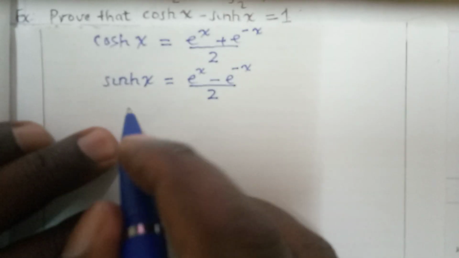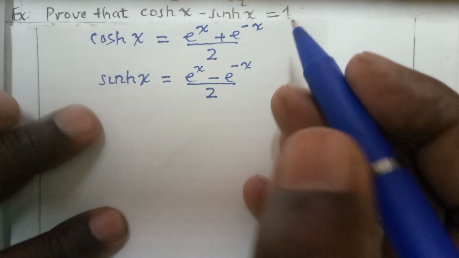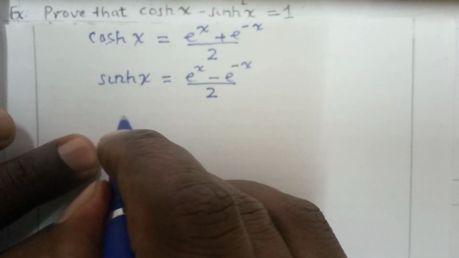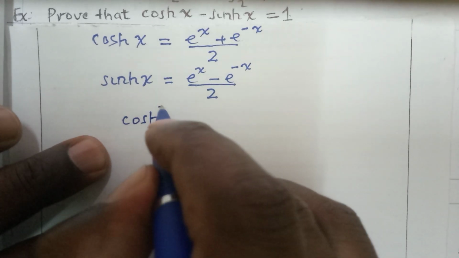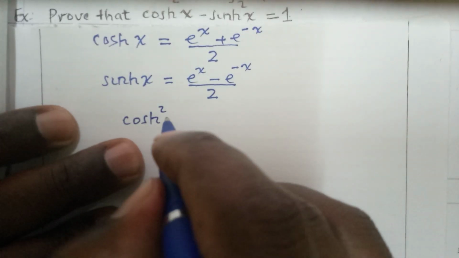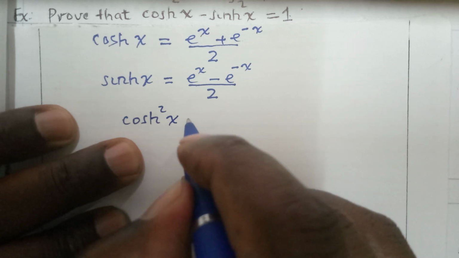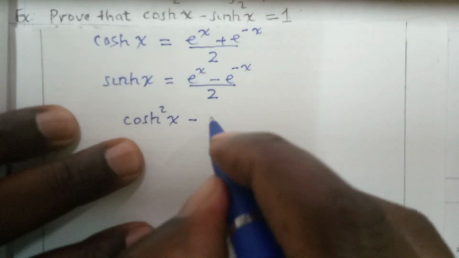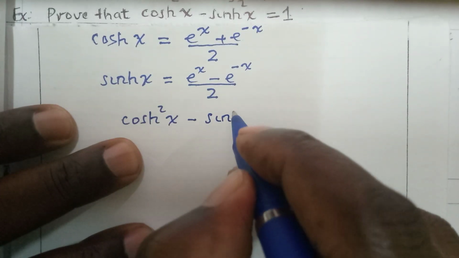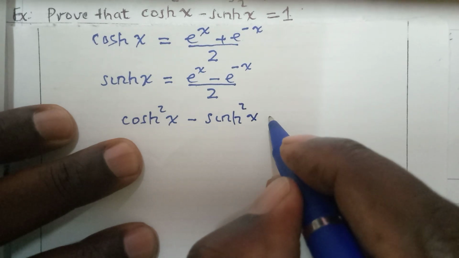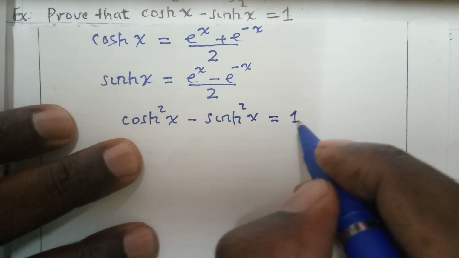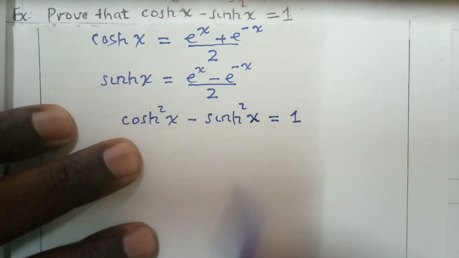I write cos hyperbolic squared x minus sine hyperbolic squared x is equal to 1. That is what we want to prove.